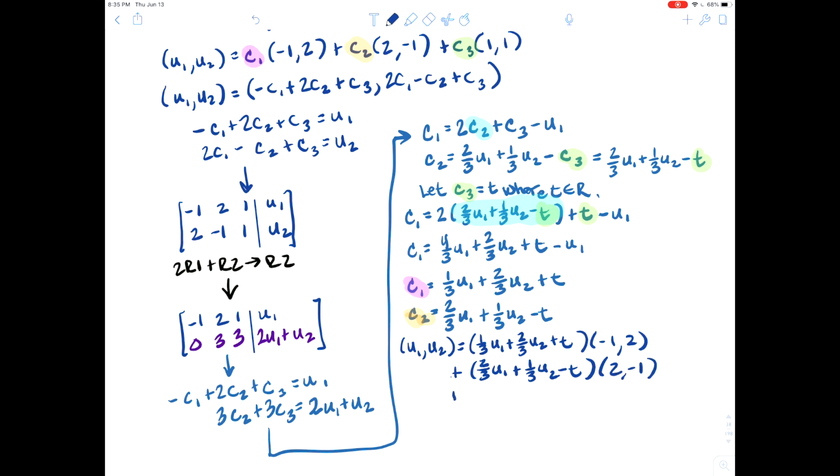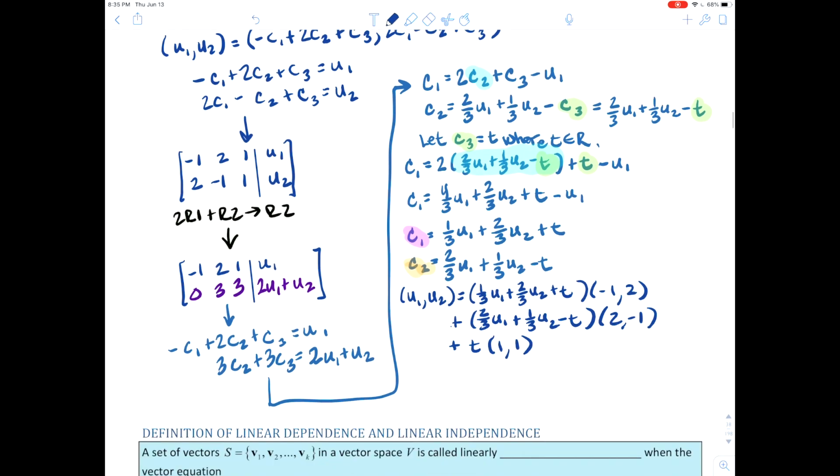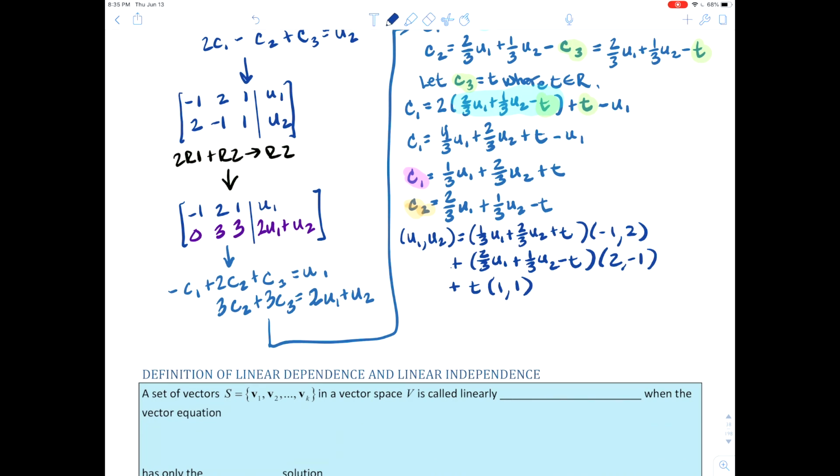And then C3, we got to just be T, and that's times the vector 1, 1. So we can say that S spans R2, or the span of S equals R2. So that's the answer to the question at hand.